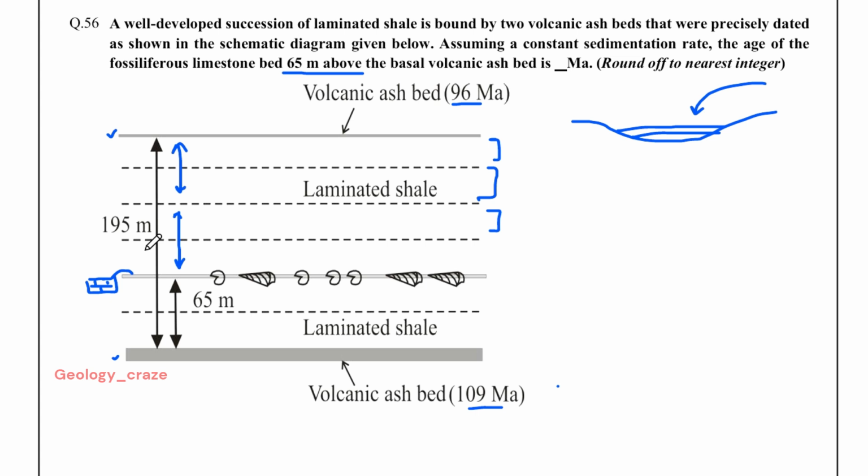That means from this picture itself. How will we use this? First we have to find out, since we have a constant rate of sediments, we have to calculate the rate of sedimentation. To calculate the rate of sedimentation, the formula is age divided by distance.